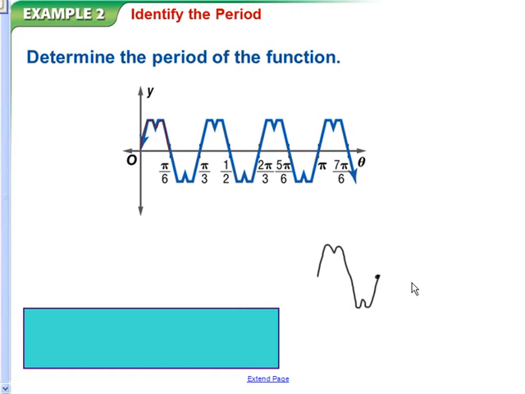But if I slide the end point to the starting point, it doesn't match up there. If this is my end point, and I move my starting point to my end point, then it matches up. So that right there is the length of the period, which is pi over 3.